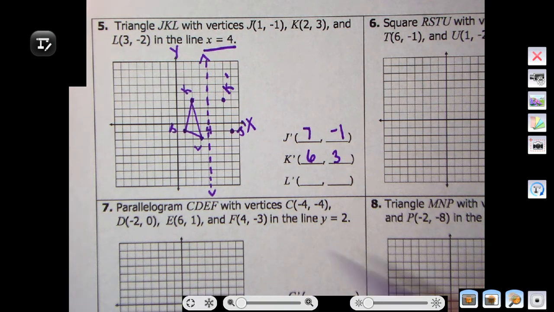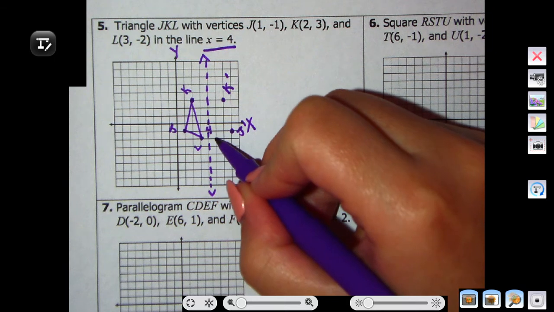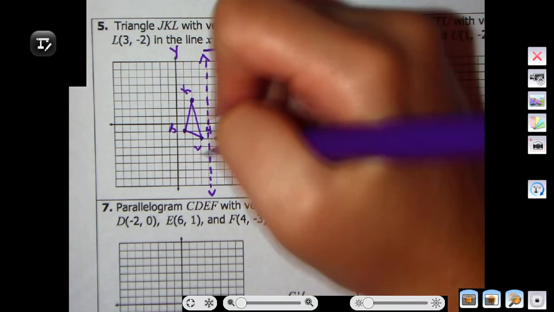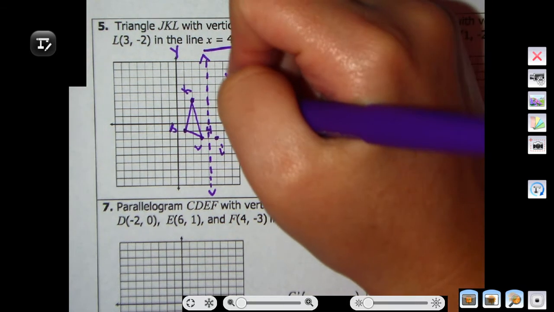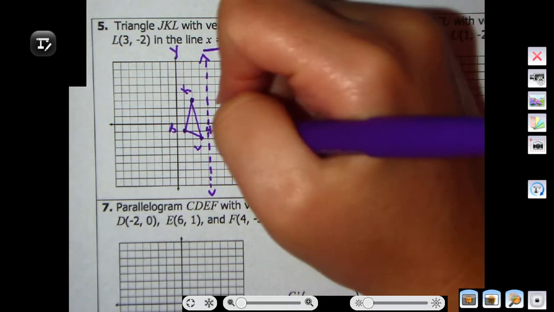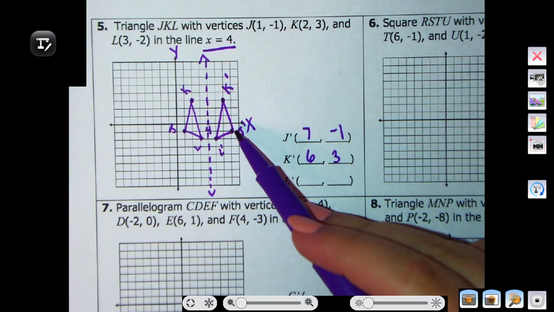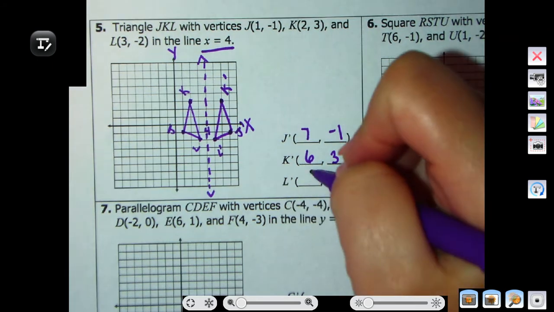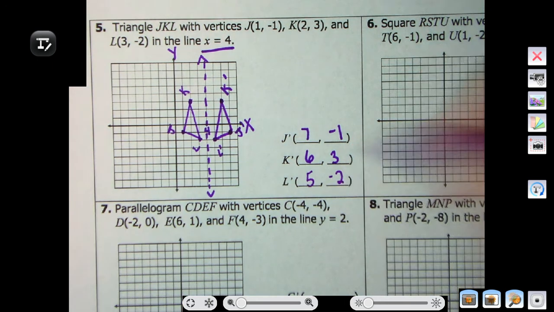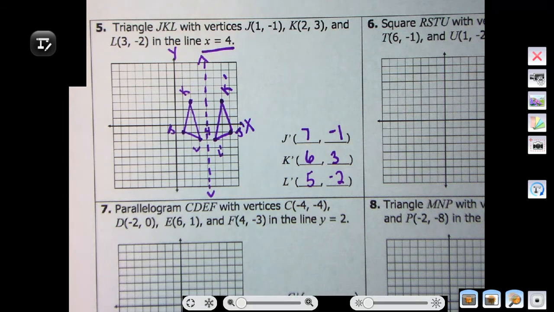And then I'm going to do L. L is only 1 unit from the middle, so it's going to become 1 unit over there, and that'll be L prime. And the point there is 5, negative 2. All right, so that's my reflection over the line x equals 4.